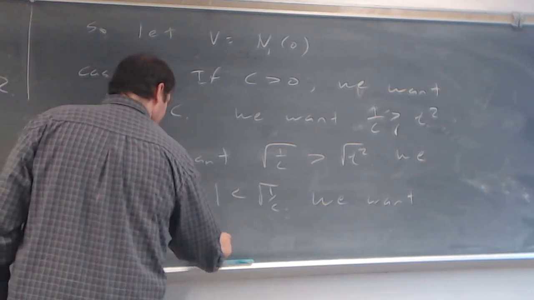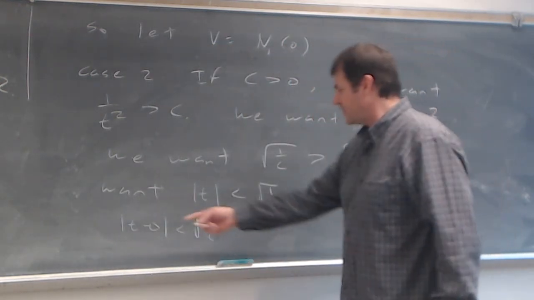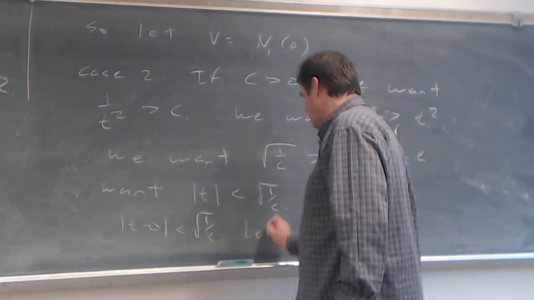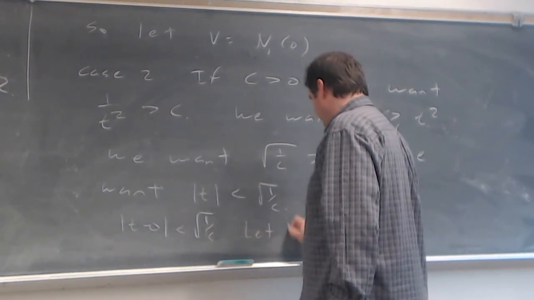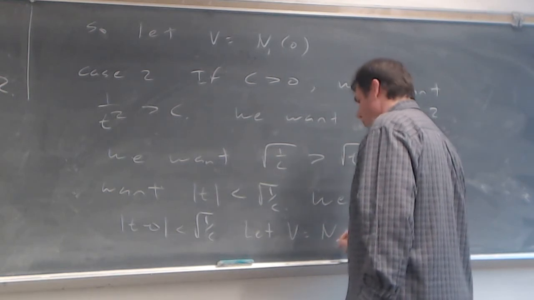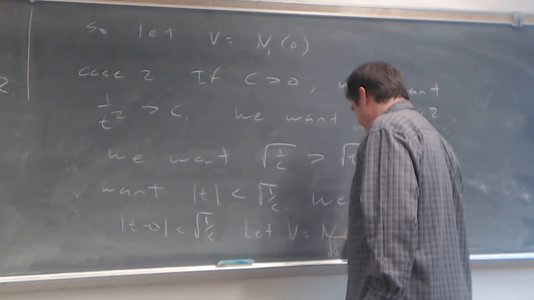If we have this, we get what we need. And so this yields a neighborhood about 0. So we let V be equal to the neighborhood centered at 0 with radius the square root of 1 over c.